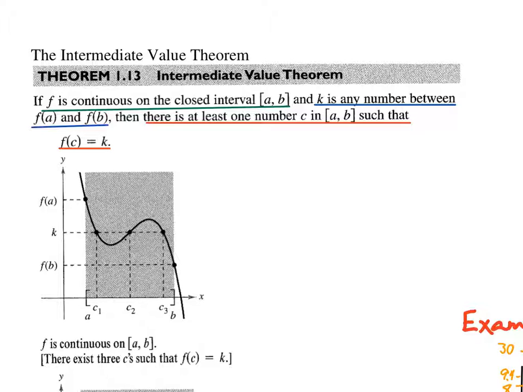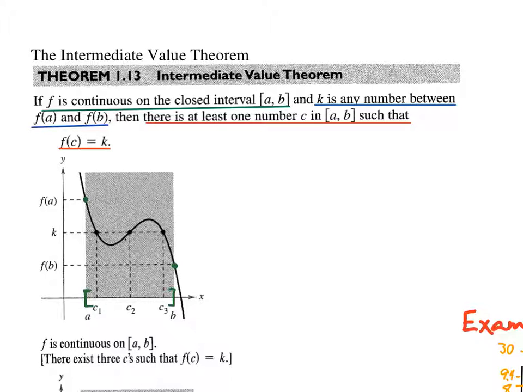In our diagram, we have this interval from a to b. Remember we said this is why we learn how to make something continuous on a closed interval. So it's continuous from a to b.